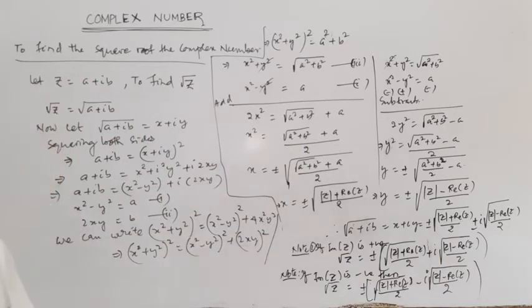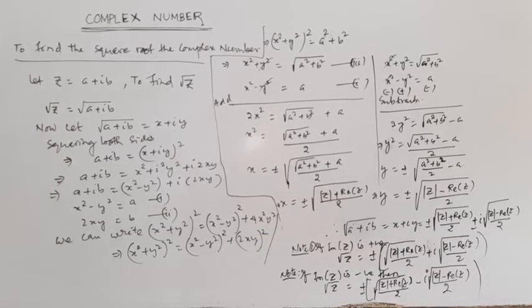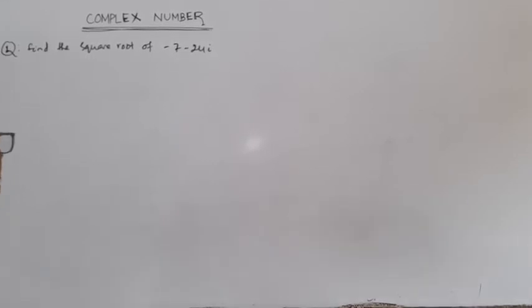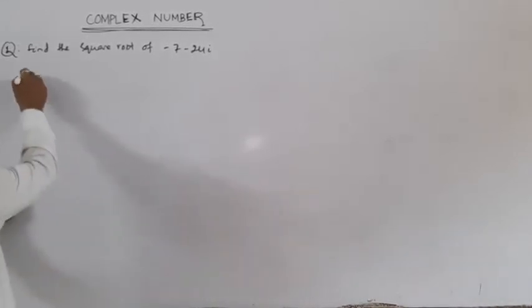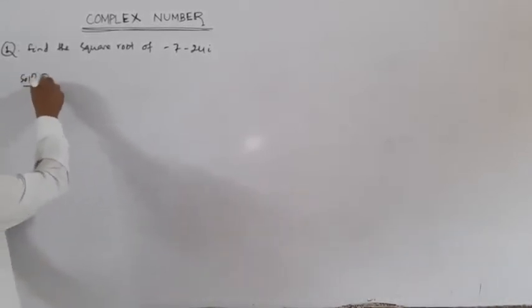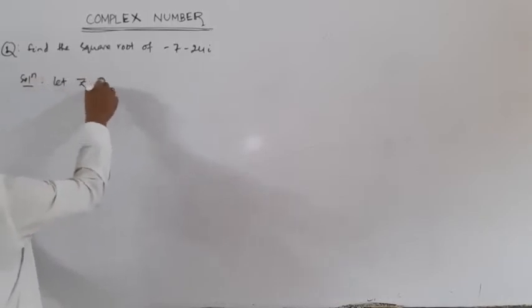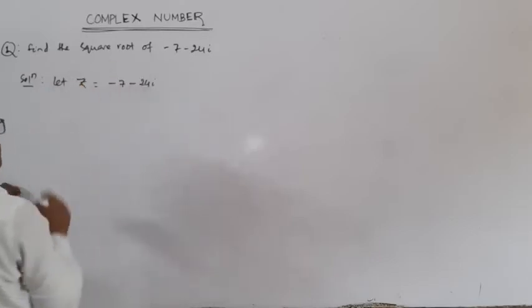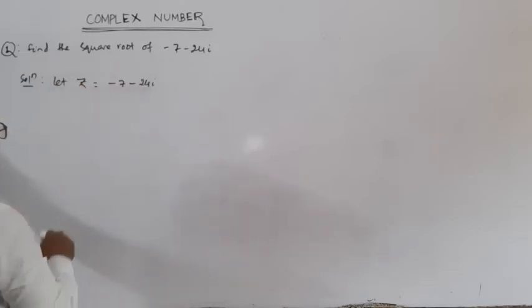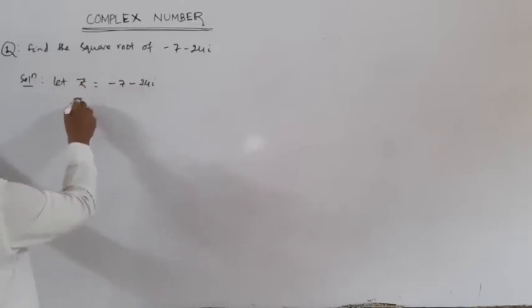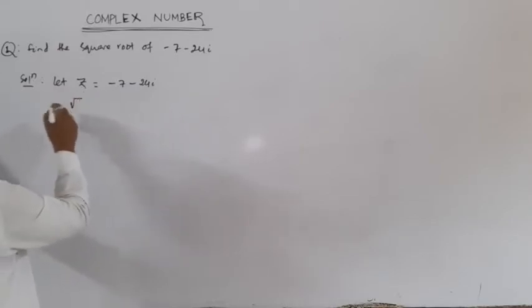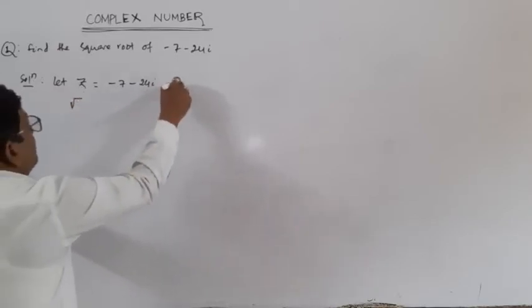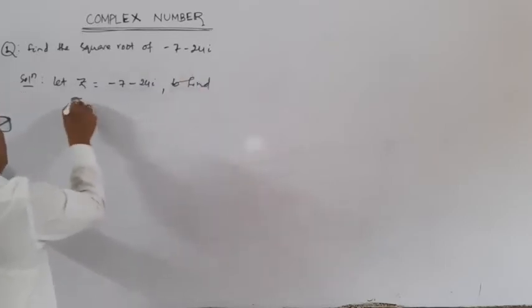Okay, now some questions. Question: find the square root of this. Solution: let z is equal to minus 7 minus 24i, to find root z.